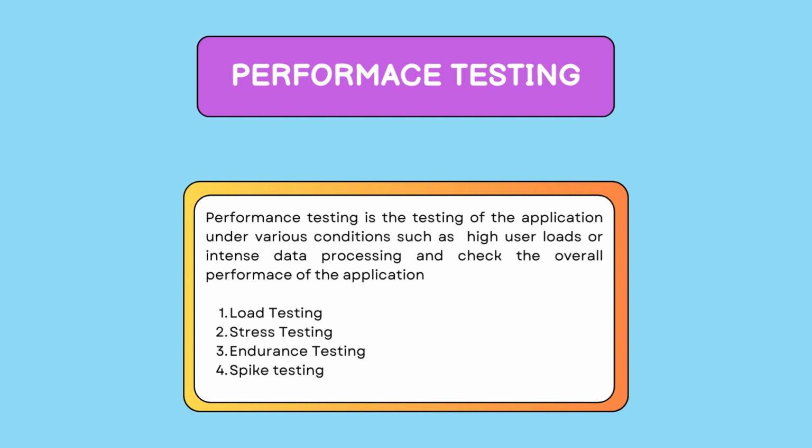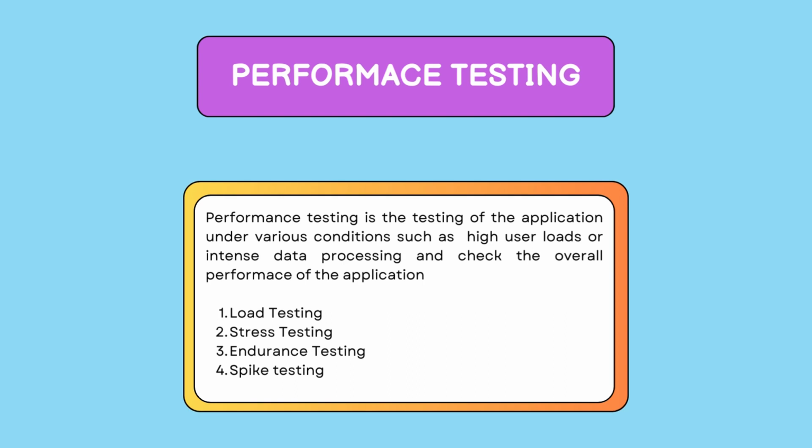Performance testing itself is a broad term in software testing, and it totally depends on the conditions which we apply to test its overall performance. Conditions also depend on the requirement. Here I mentioned a few types of performance testing which are generally used.